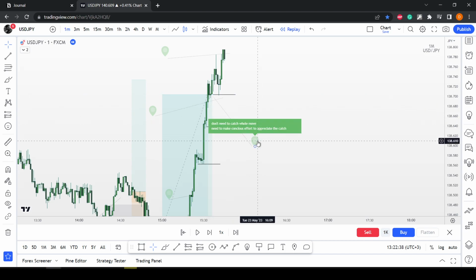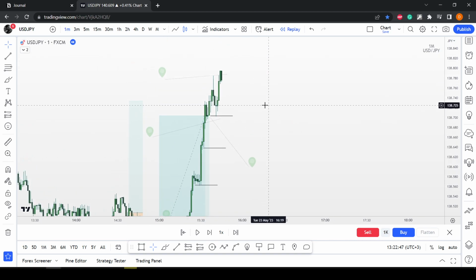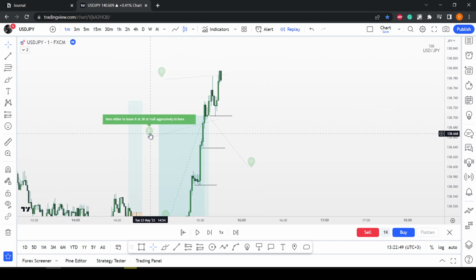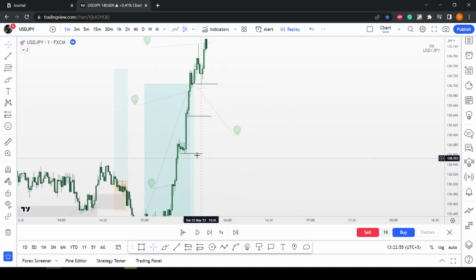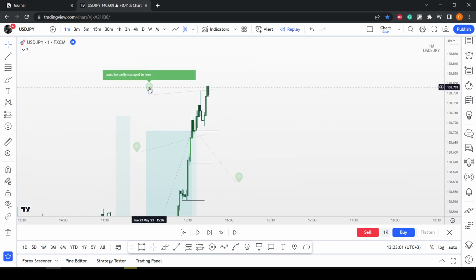Again, started to think that I don't need to catch the whole move, I need to make a conscious effort to appreciate this kind of catch and not the whole move, because it's just started to run. And then here, either to leave it at 3R here with a confident break, so this is the 3R level, or trail to here more aggressively, decided to trail.